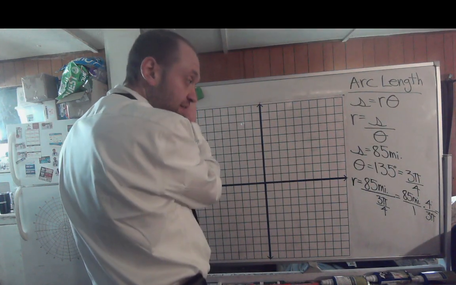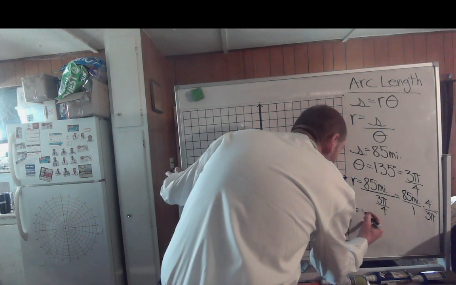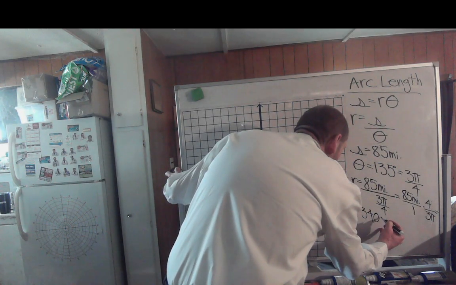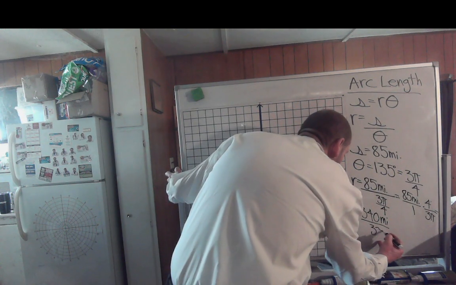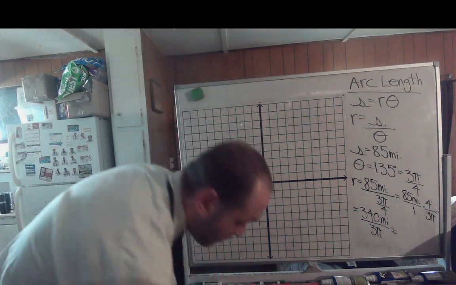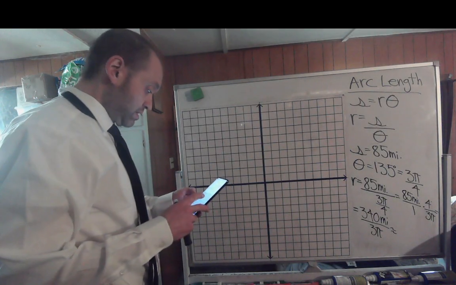So 85 times 4 is going to be 340 miles divided by 3 pi. And now we can get an approximation for our radius.